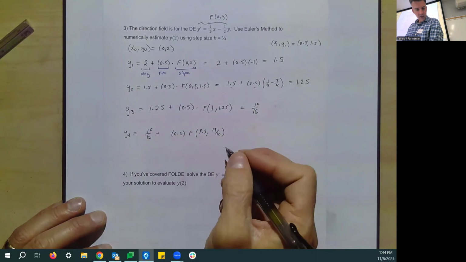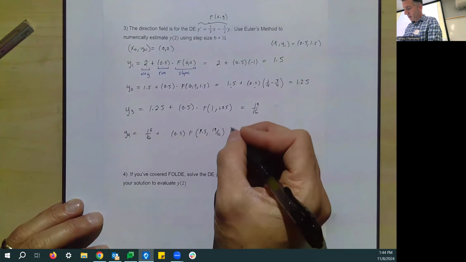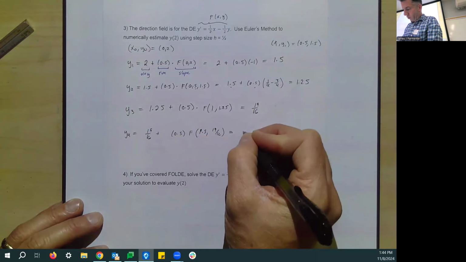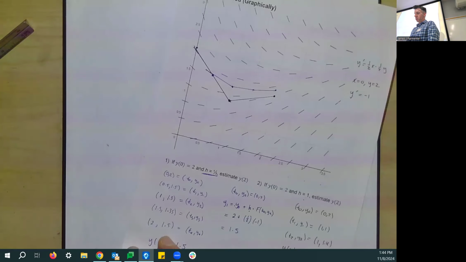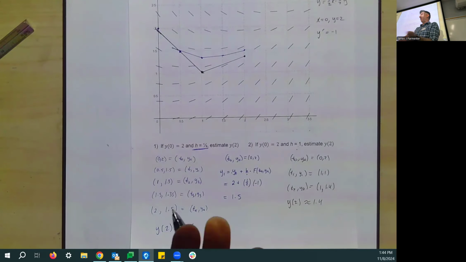If you do that, you get, and I'll post the solution to this as well because you can see the math, 25/16, which is 1 and 9/16, just a little bit bigger than 1.5, which is pretty close to our guess of 1.5. So the graphical method is just doing the math, but not writing down all the numbers.